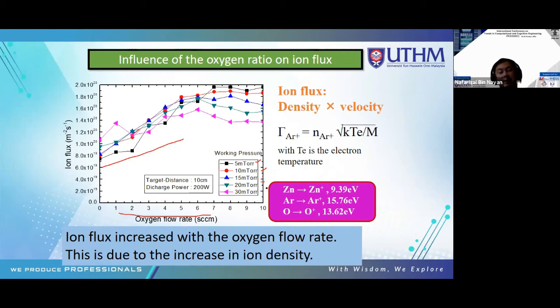The flux was calculated from the ion density and the electron temperature that we got from the Langmuir probe. As we can see, when we increase the oxygen flow rate, the flux increases until it saturates after about 6 SCCM.